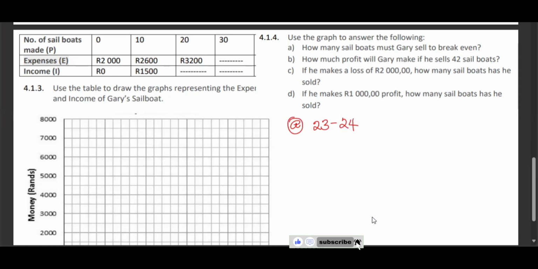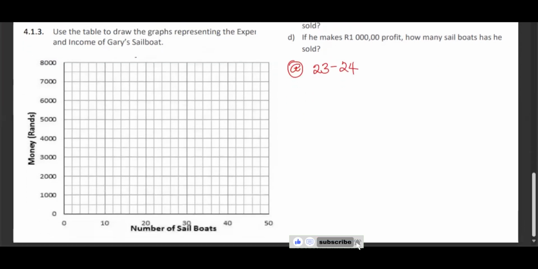Then how much profit will the person make if he sells 42 sailboats? Now also this one's not clear, so let's go back to the graph. At 42, each one represents 2.